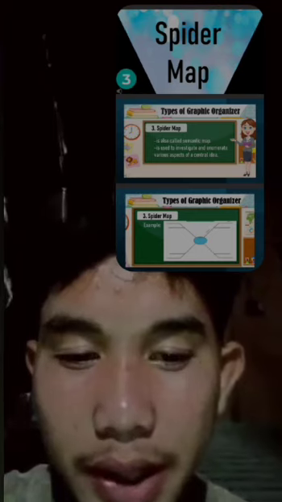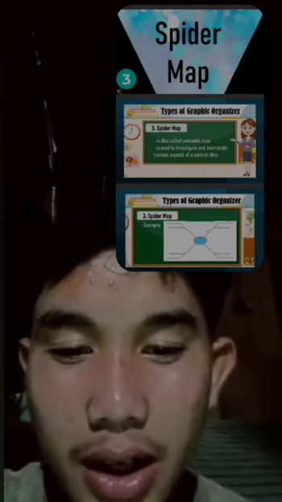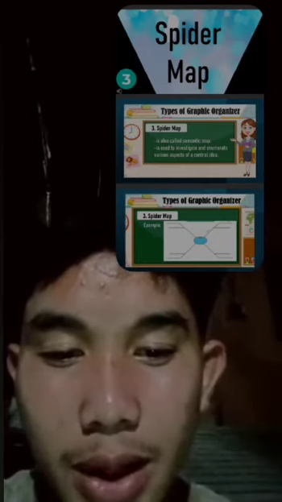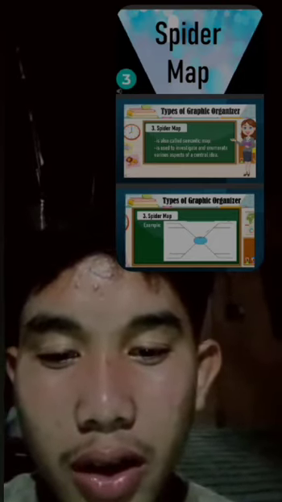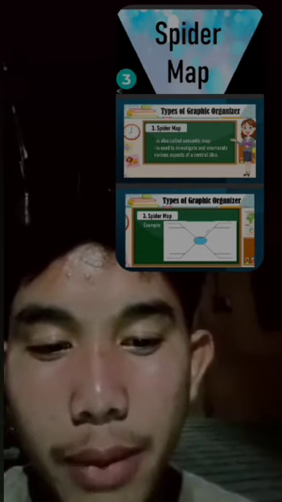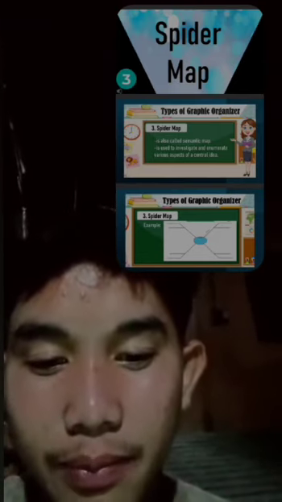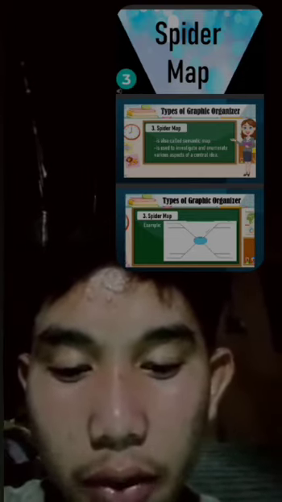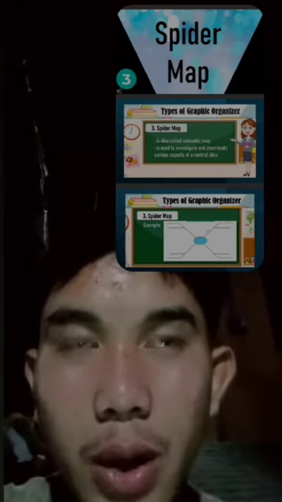A spider map, also called a spider diagram or web organizer, is a visual tool used to organize information around one main idea. It helps you see the ideas clearly, understand relationships, and organize information in a simple visual way.